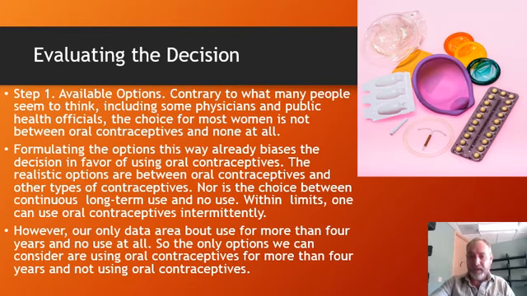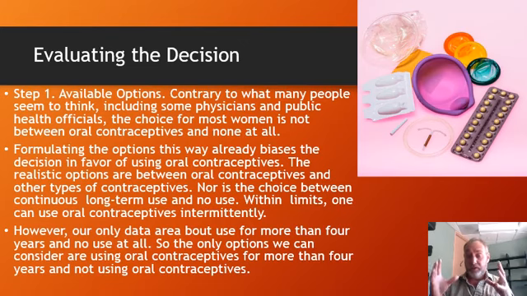There are many contraceptive methods that are pictured here. So if you formulate the options as take birth control or don't, assuming that these oral contraceptives are the only kind of birth control you could use, that's obviously artificial and would bias your decision in favor of taking them.